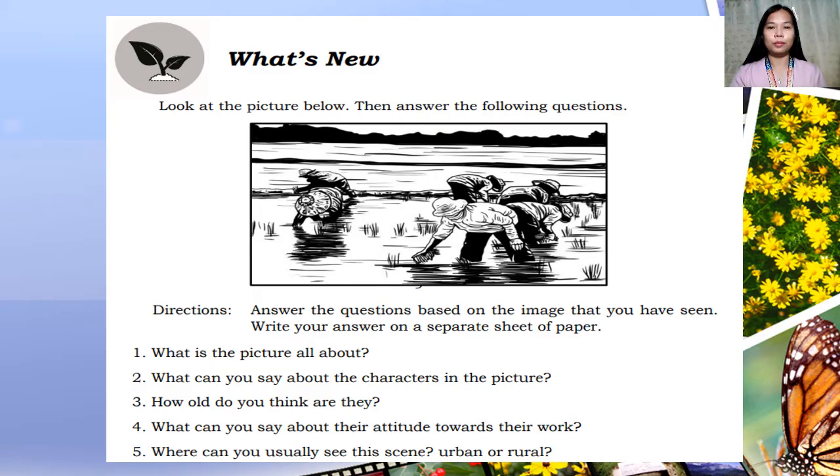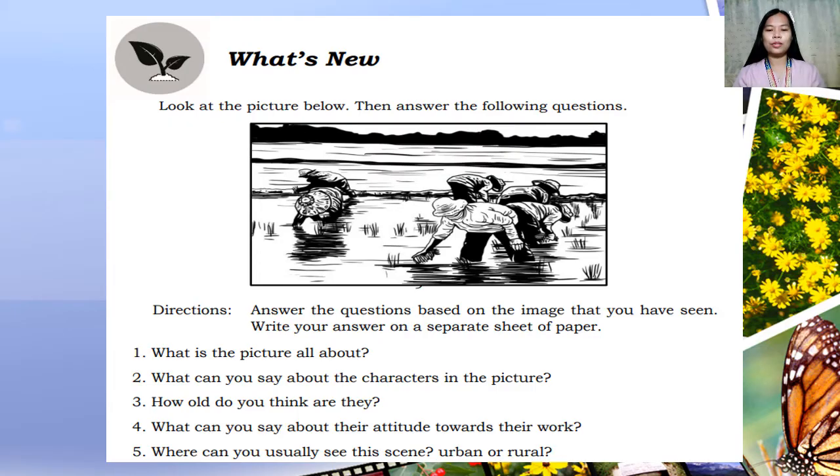Question number 1. What is the picture all about? So in totality, what can you say about the picture? Number 2. What can you say about the characters in the picture? Who do you think are they? Number 3.